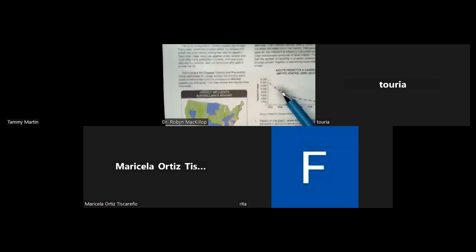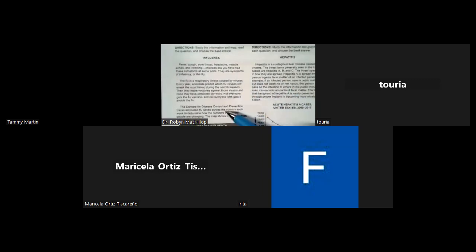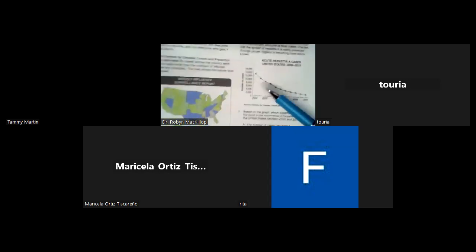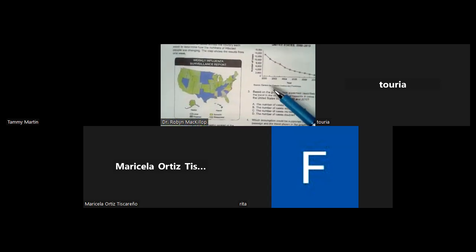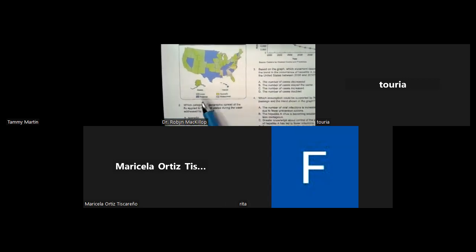All right, influenza, the flu. Lots to read. We're going to wait on the reading because we may not need to read. And then we're going to come down here. We've got a map. The blue is regional. The yellow, it's really hard to see the yellow even on this that's in color, is sporadic.